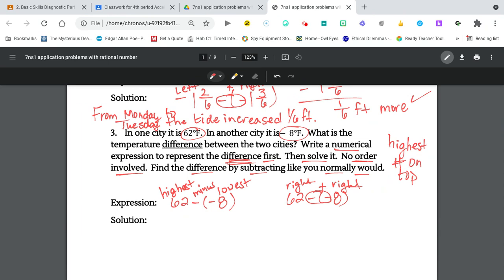So I can say that the difference is a 70-degree difference. Just highest number on top when no order is involved. And what I mean by no order is you don't know where you started. You don't know where you ended because it doesn't specify.